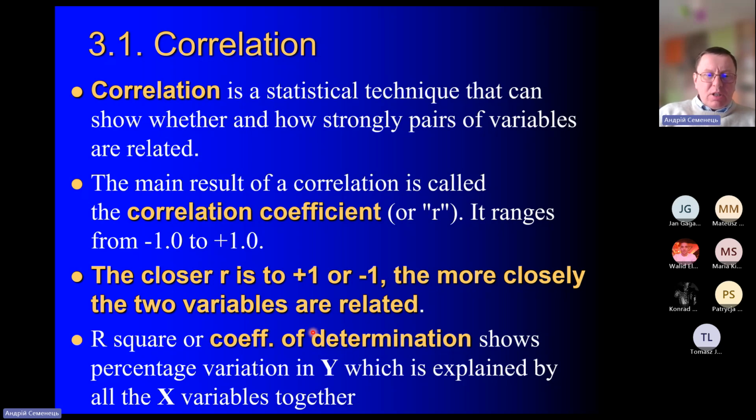The measure of correlation is the correlation coefficient, ranging from -1 to +1, and the closer to those values, the more powerful the relationship between variables. And when we square the coefficient of correlation, we get the coefficient of determination, which shows the percentage of variation in y which is explained by all of the x variables together. So this one we will also use.